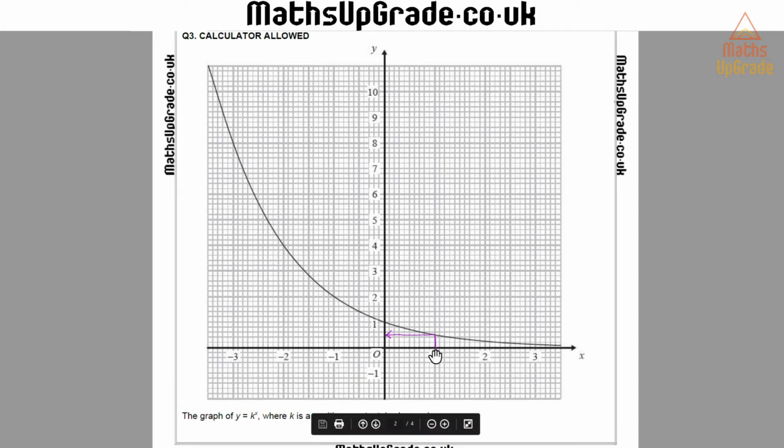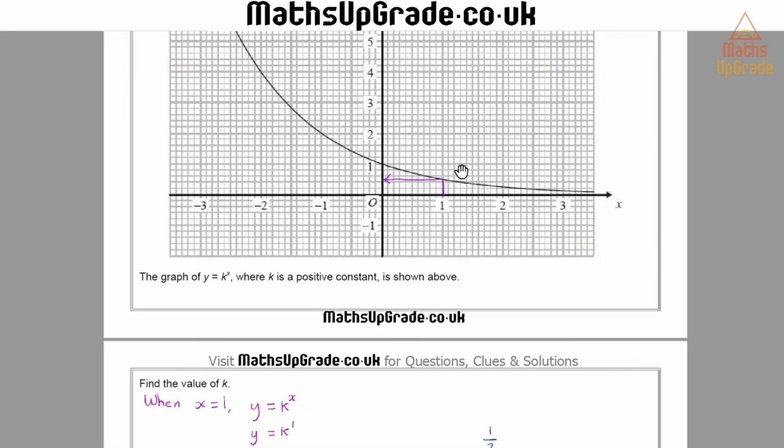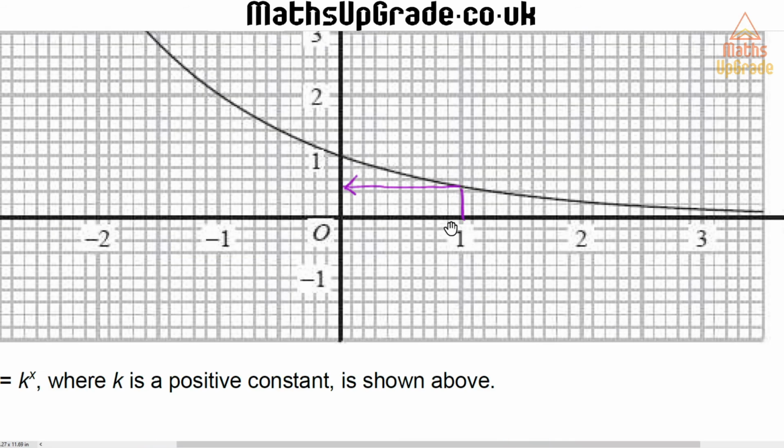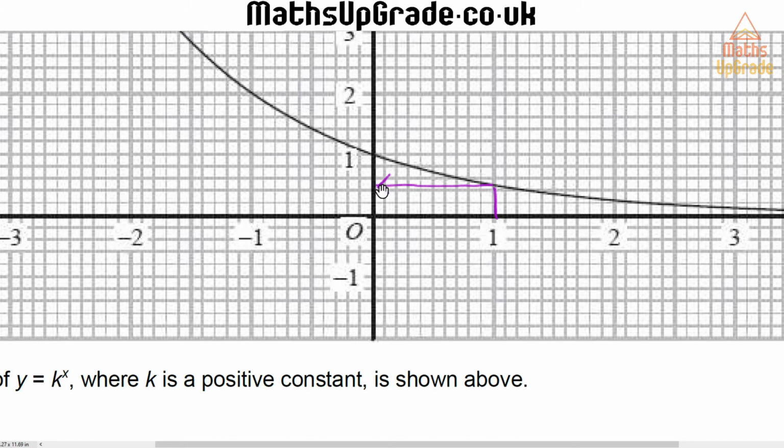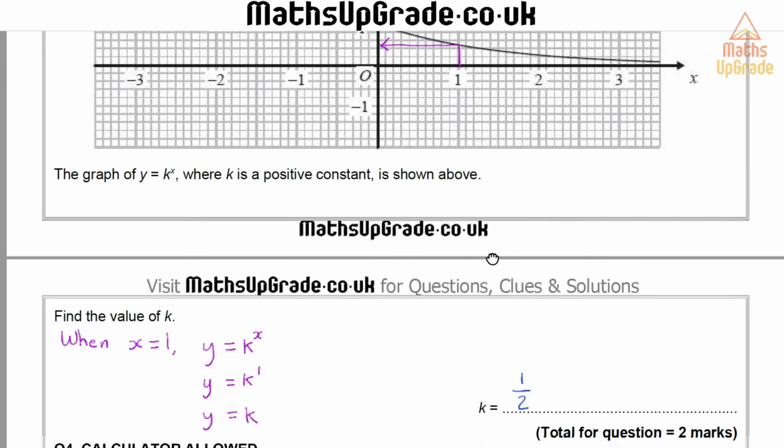From my x-axis, I go up from the value of 1 vertically until I reach my curve. Then I go across to the y-axis and read off that value. The value there you can see is a half. So that is my answer: y equals a half to the power of x, so k equals a half for 2 marks.